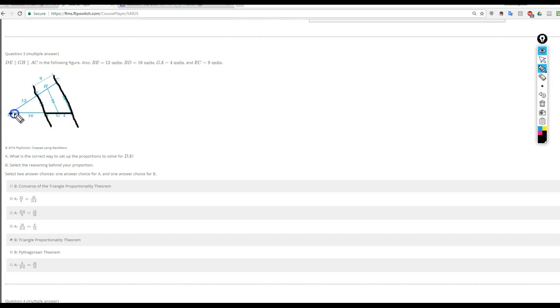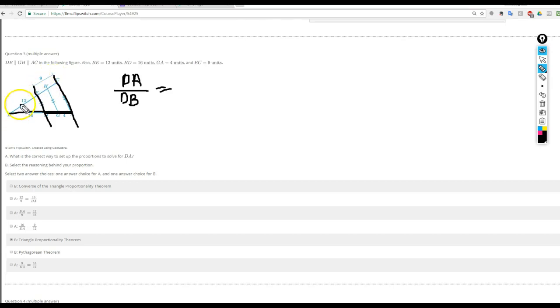And so on this leg of the triangle, I can go from B to D and D to A. So DA, since that's a missing piece that we want, I'm going to keep it in the numerator. It's going to be proportionate to DB. And that's going to equal the same proportion as the length on the other side.